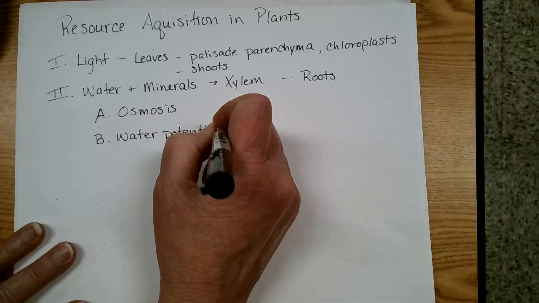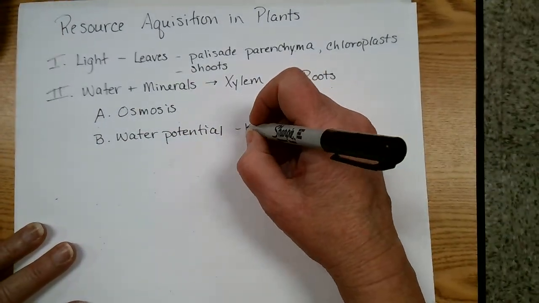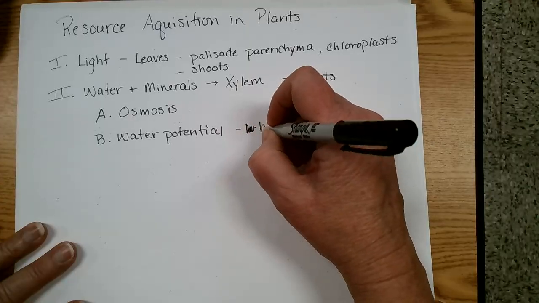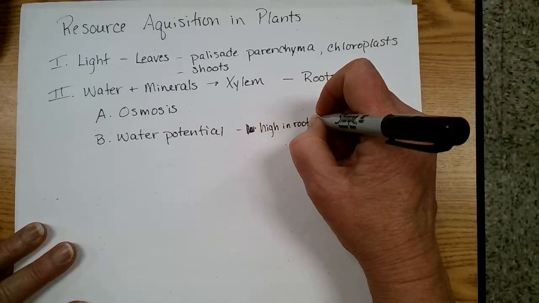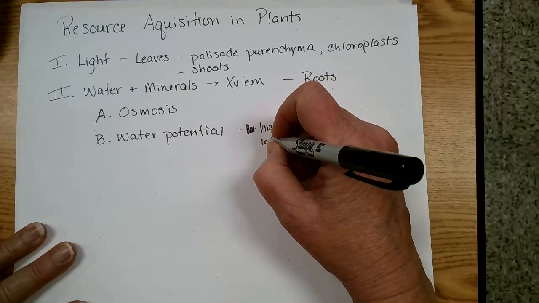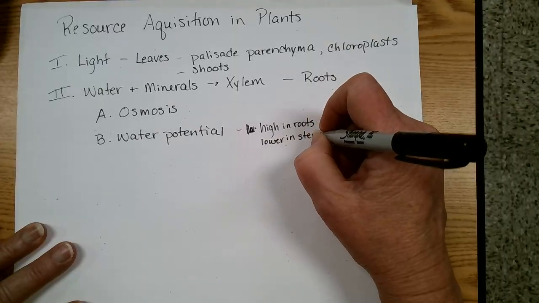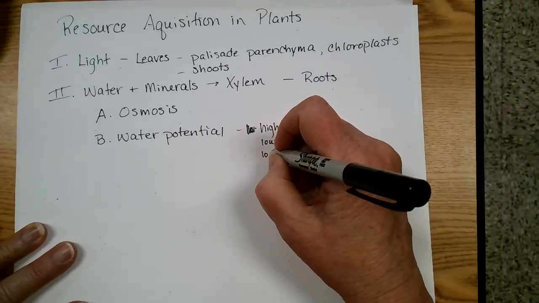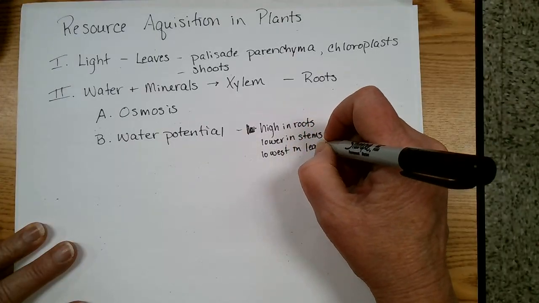And that water potential is high in roots, but lower in the stems, and lowest in leaves.